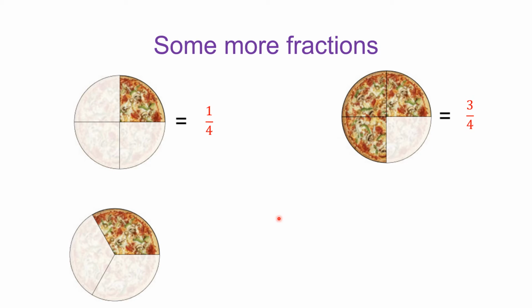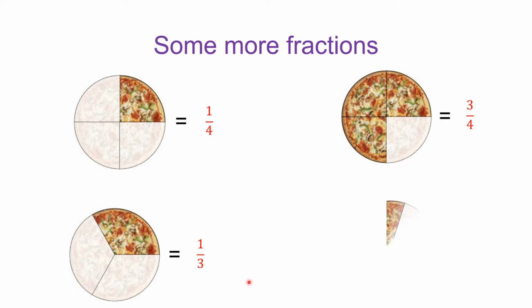Look at this picture. Here it is divided into 3 equal parts. But we can see only one part of the pizza. So that is 1 out of 3. It can be written as 1 by 3.